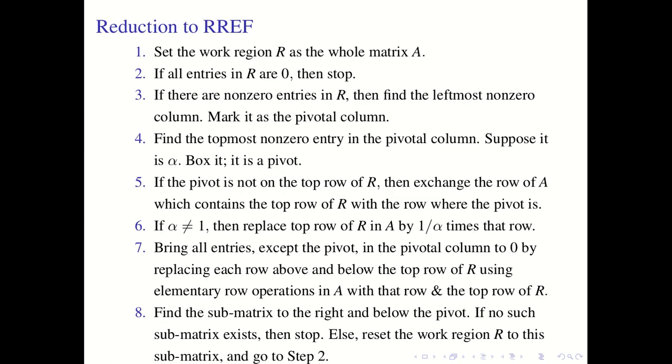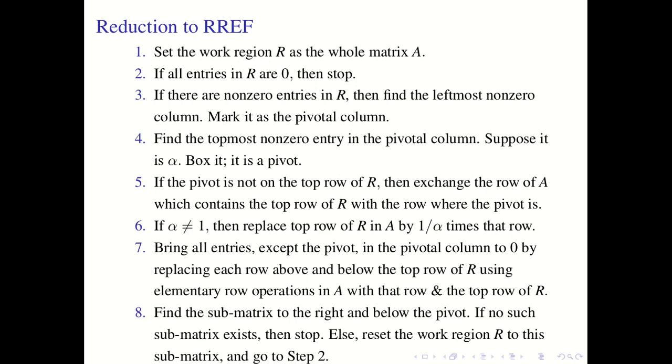So how do you reduce a given matrix to a row reduced echelon form? We describe here an algorithm. So this is written in algorithmic style. So first, set the work region R as the whole matrix. That is the matrix that we are starting with.